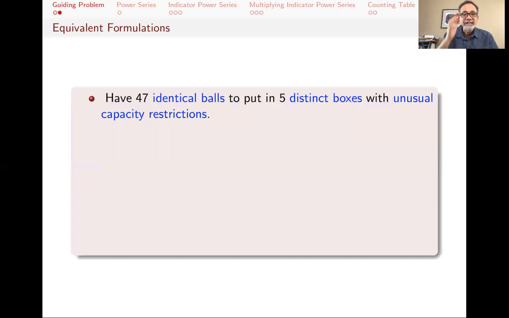First, let's look at different ways of looking at this problem, equivalent formulations. This is the same as saying that you have 47 identical balls. That means you want to pick 47 things, but you want to put them in 5 distinct boxes with unusual capacity restrictions. One box only takes an even number, and that even number has to be at least 2.